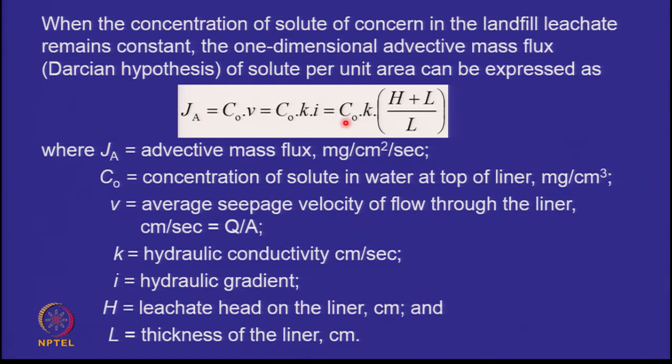You have C naught, 600 milligram per liter. You have K, if it is compacted clay liner, it is 10 to the power of minus 7 centimeters per second. If it is GCL, it's 10 to the power of minus 9. H plus L vary. H is 0.3 meters in both the cases, but L is varying. Okay? So what is the advective mass flux for the first case in the compacted clay liner, and then the second case in the GCL?